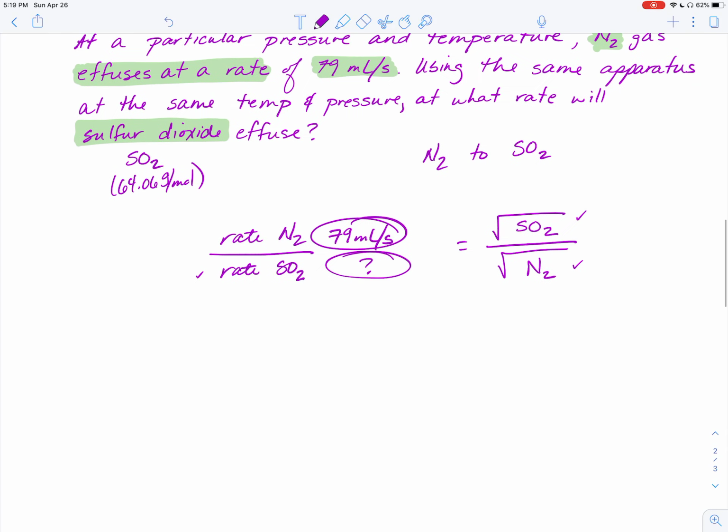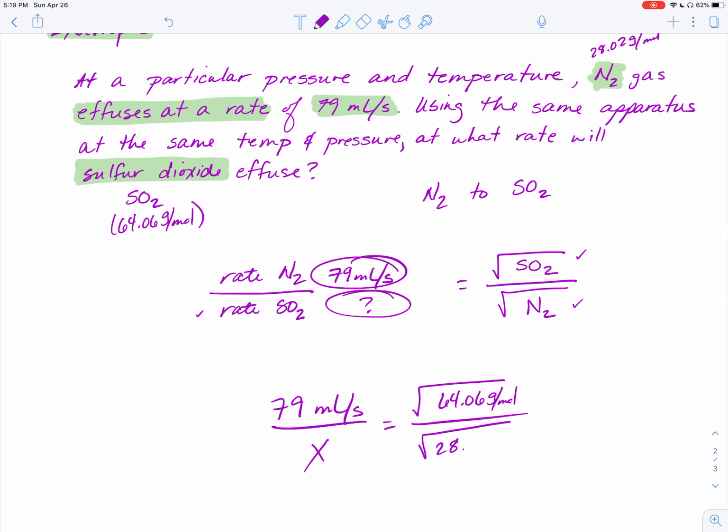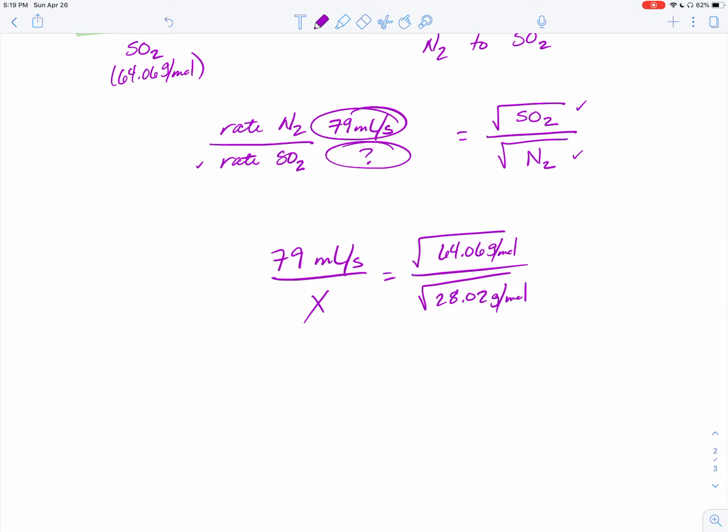So let's try that. We're going to do 79 milliliters per second over X, and that's going to equal the square root of the molar mass of SO2, 64.06 grams per mole, divided by the square root of N2's molar mass, 28.02 grams per mole.